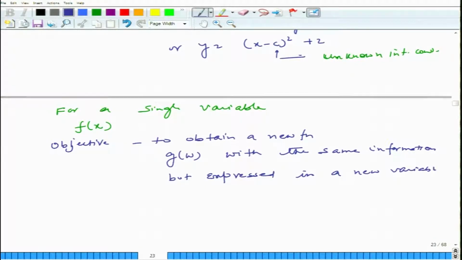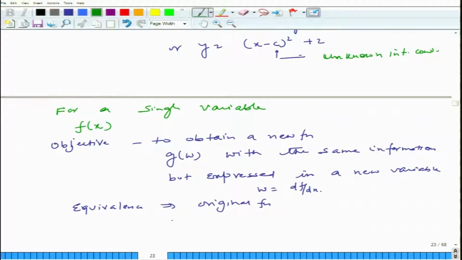What is the variable? w, which is the first derivative of the original function. And same information means equivalence, which means we can recover the original function without any integration constant.